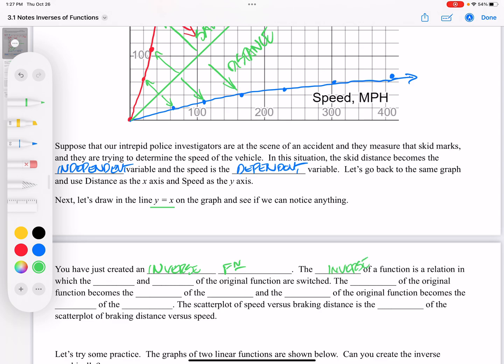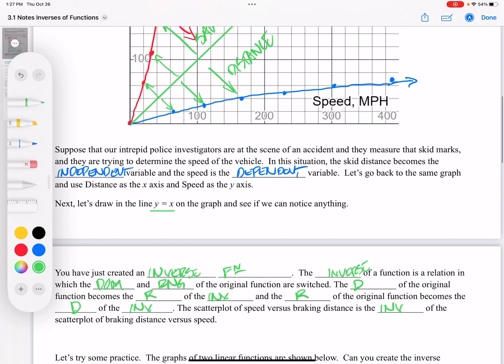The inverse of a function is a relationship in which the domain and range of a function are switched. The domain of the original function becomes the range of the inverse, and the range of the original function becomes the domain of the inverse.